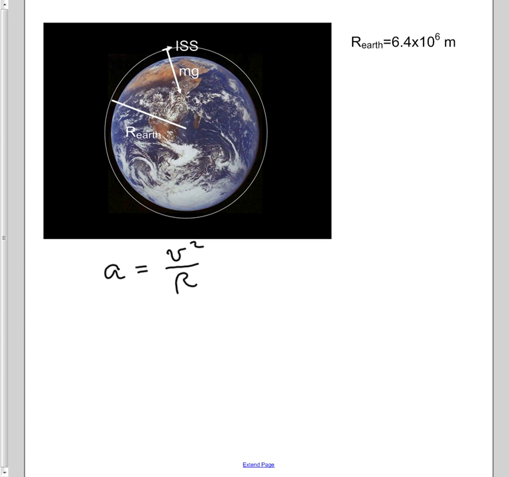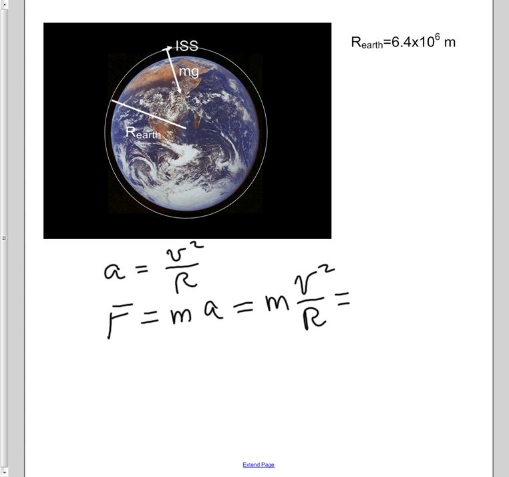Okay, so this is just a Newton's second law problem. We just write F equals ma, which is equal to m, the mass of the International Space Station, whatever that is, times its speed squared divided by r.